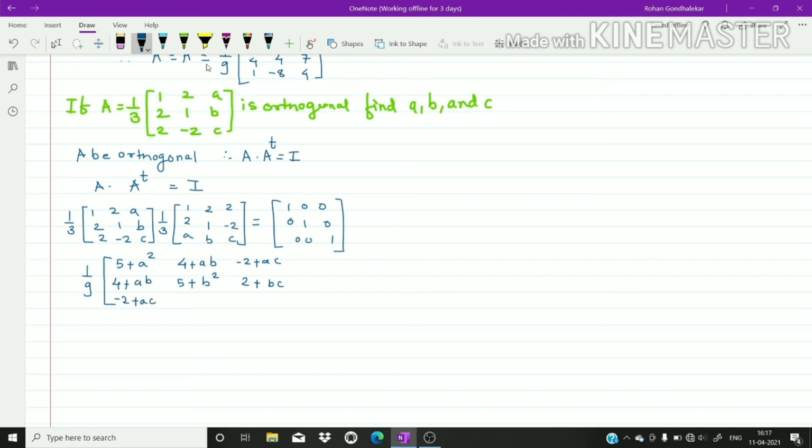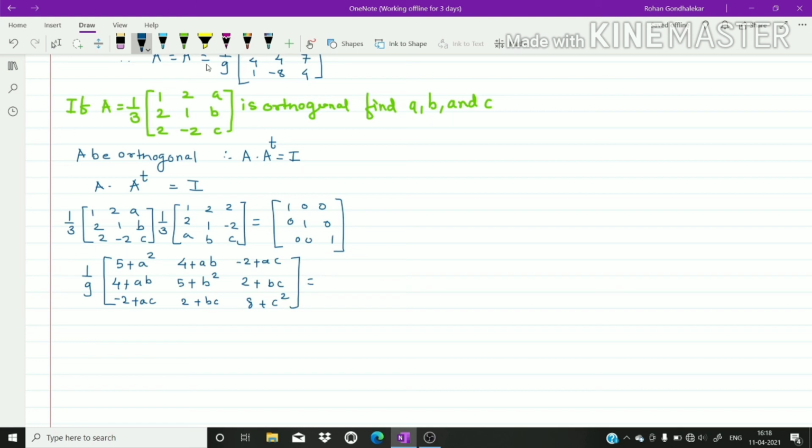Now 2 into 2 is 4, minus 2 into 1 is minus 2, 4 minus 2 gives me 2 plus bc. And the last row: 2 twos are 4, 2 twos are 4, minus 2 into minus 2 is also plus 4, 4 plus 4 plus 4 is 12... 8 plus c square.